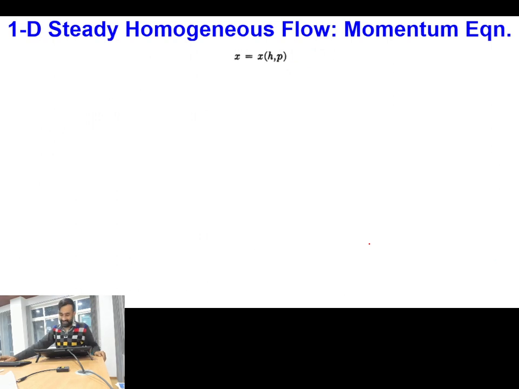Now let's talk about some system in which variation of quality is not only, variation of property is not only influenced by enthalpy, but it is also dependent upon some other parameter.